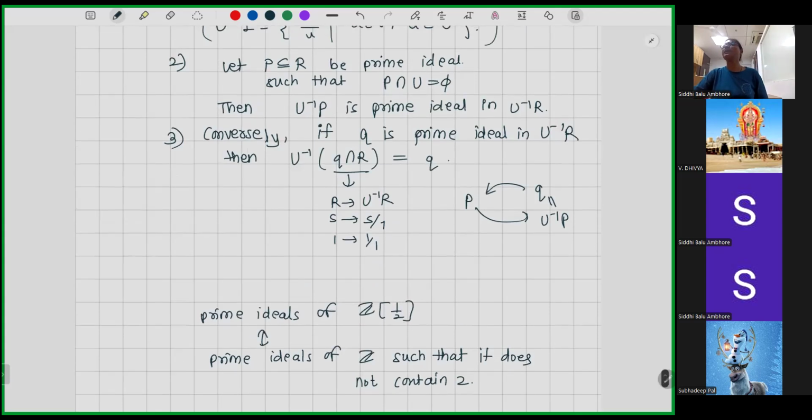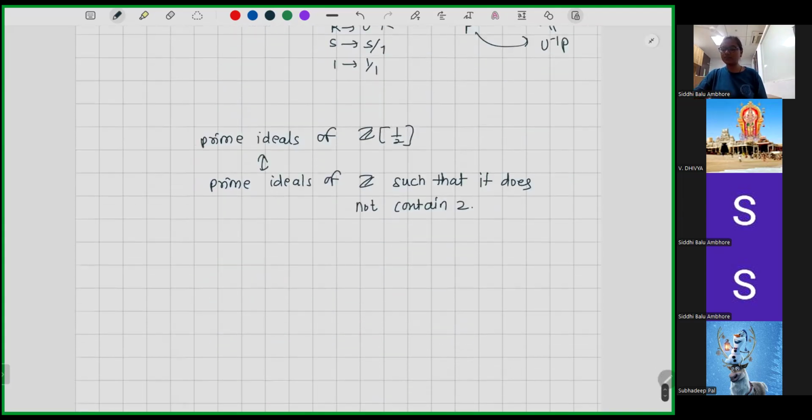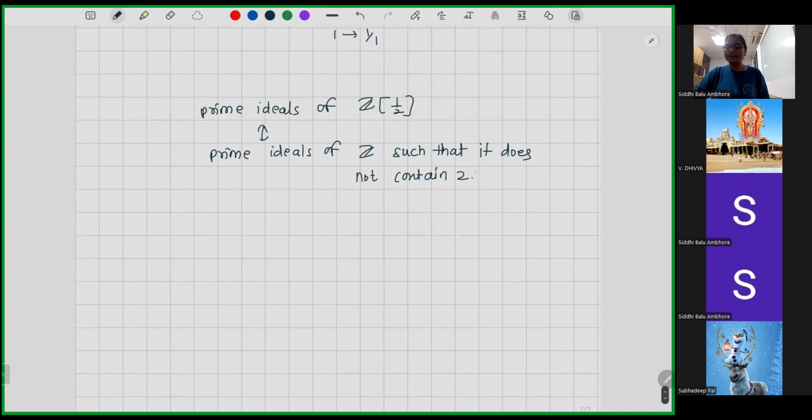Because anyway we are having a prime ideal, so 1 does not belong to that prime ideal. And since we have prime ideal P, if some power of 2 belongs there, then 2 must belong there. So it is saying that 2 does not belong there.